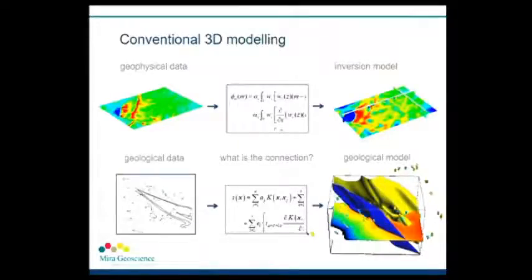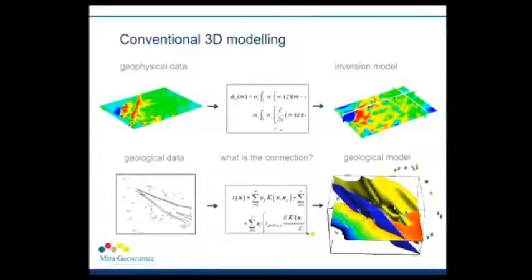At the bottom, we have, for the same area, a geological process in which we're going from geological data on the left, so map contacts, perhaps drill hole data, structural measurements, through, in this case, as I pictured it, an implicit modeling algorithm. Those are radial basis functions shown in a little snippet in that bottom box.